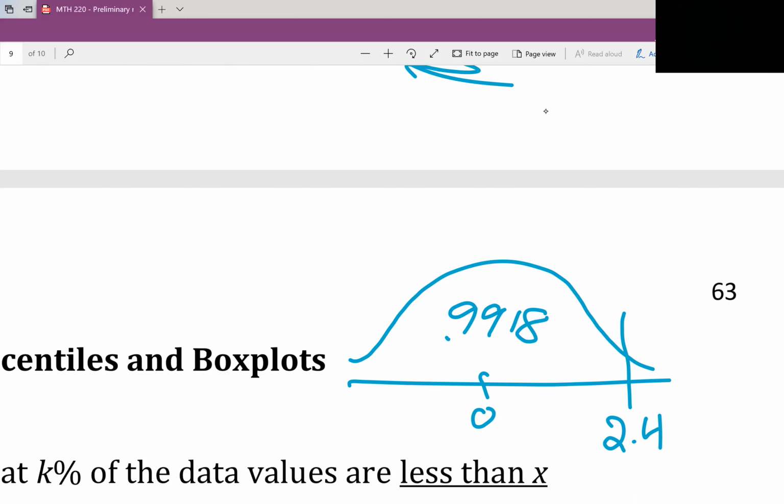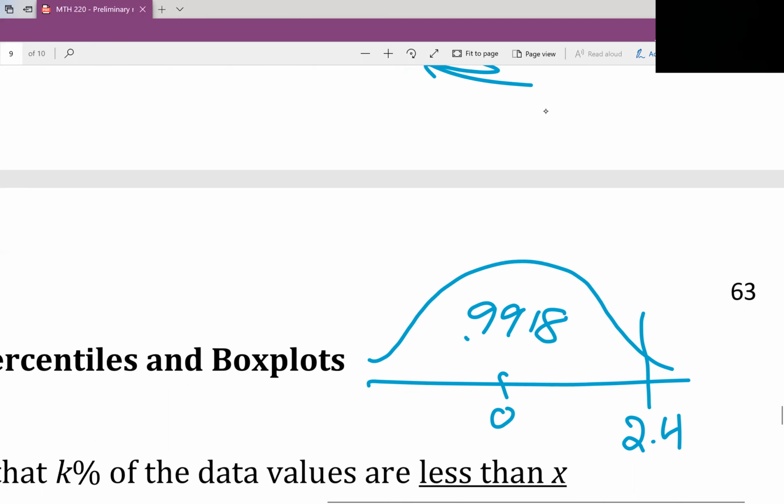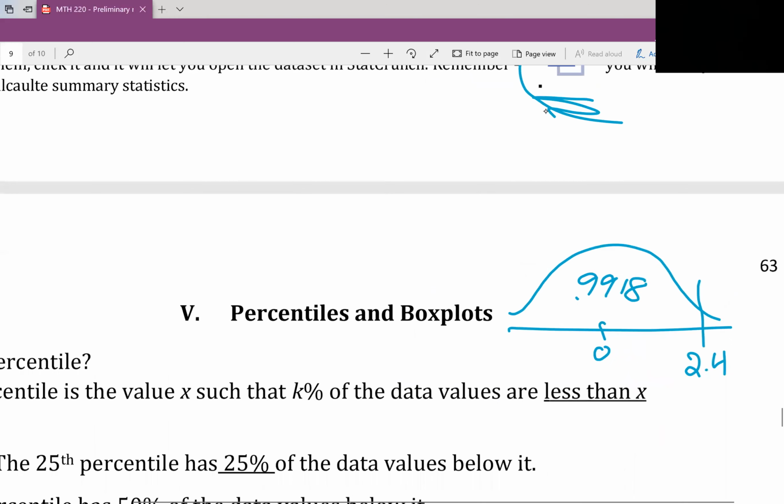I'm going to use those two numbers, 0.9918 and 2.4, to relate this definition.